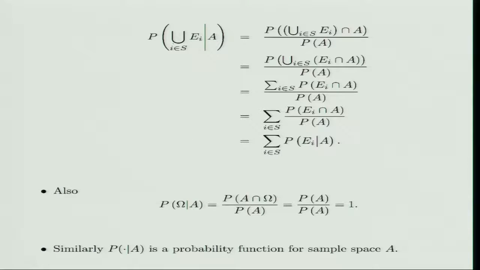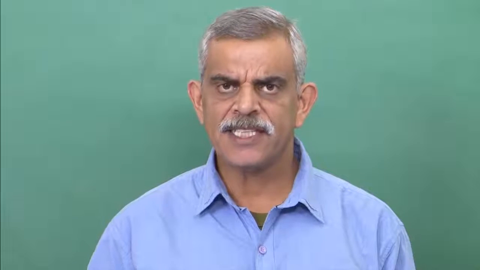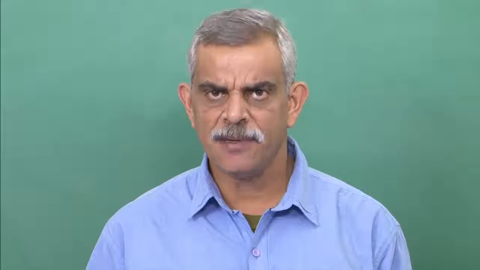So to do that, let us consider probability of union I belonging to S EI given A, which is the same as probability of union I belonging to S EI intersection A divided by probability of A. As I told before, intersection is distributed over unions, so I can distribute this intersection over the union, so this becomes probability of union I belonging to S EI intersection A by P of A. But EIs were disjoint, and EI intersection A were sets contained in EIs, and as I told you before, if the bigger sets are disjoint, the sets contained in them would also be disjoint.